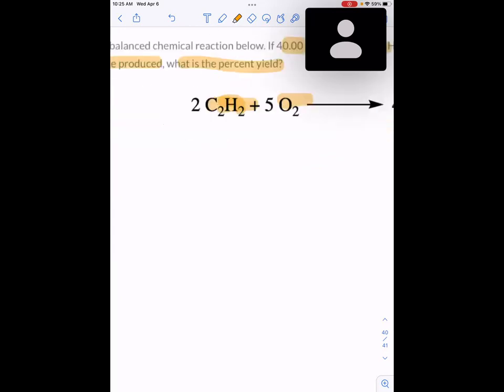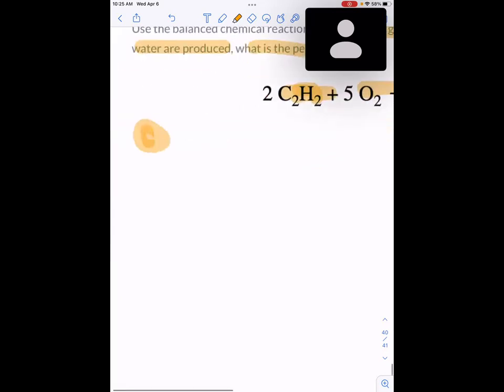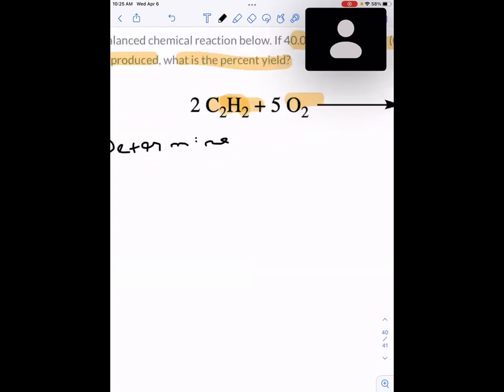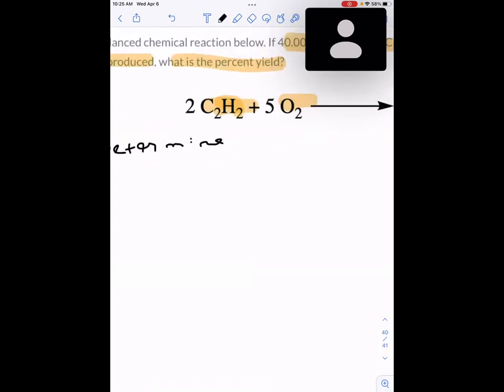So the first thing we want to do is, because the coefficients are misleading. Sometimes you can look at that and say, oh, it's 2 moles of acetylene, 5 moles of oxygen. That's very misleading. You got to go past that and figure out how much water would get produced from acetylene and then how much water would get produced from oxygen.